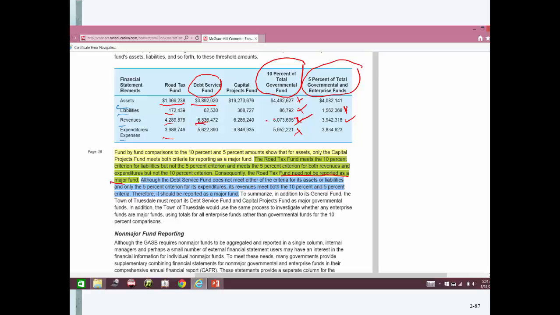Here's the number we're testing against. It meets it for both, doesn't it? So the debt service fund is going to be a major fund because it met the 10% and the 5% test for one of the line items, in this example, revenues, right? Does that clear up the question? So it just has to meet it for any one, doesn't it? Any one line item?